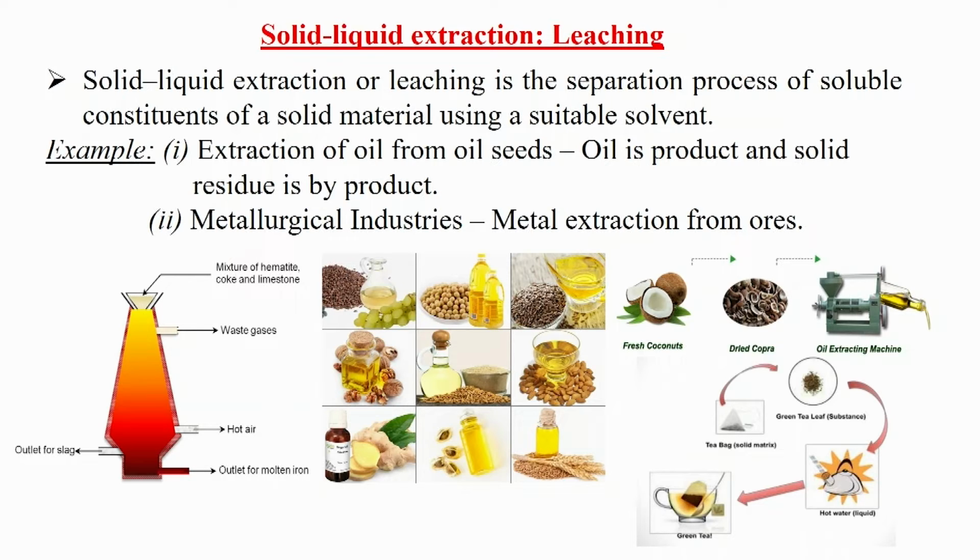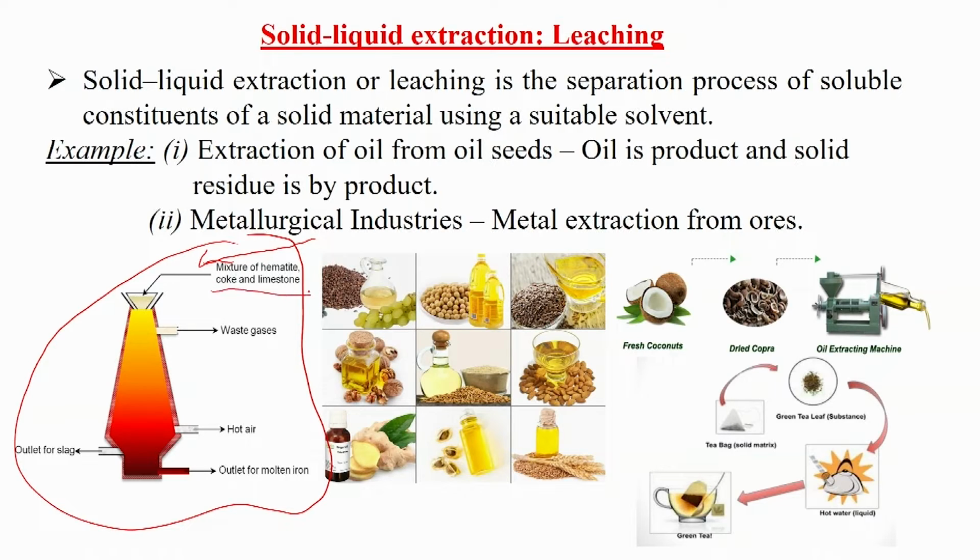And in metallurgical industries, metal extraction is done from ores. Suppose a mixture of hematite, the source of the metal, is added along with coke and some limestone inside the blast furnace.